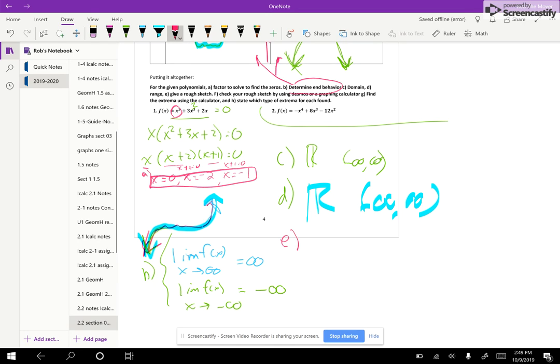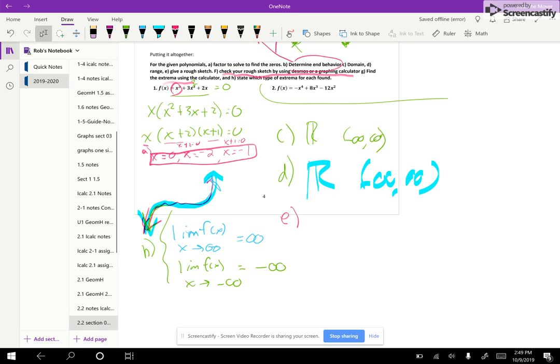E, give a rough sketch. Then F, check your rough sketch by using a graphing calculator. Find the extrema, okay? So, part E, we're going to do a rough sketch. Now, how do we do a rough sketch? Well, we know on the edges it's going down forever on the left and up forever on the right. And it has to cross the x-axis at these values, okay?